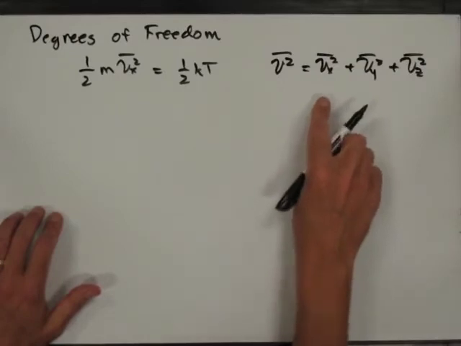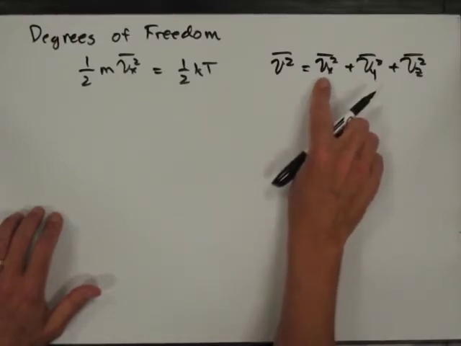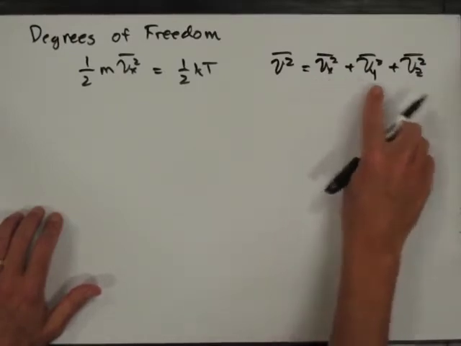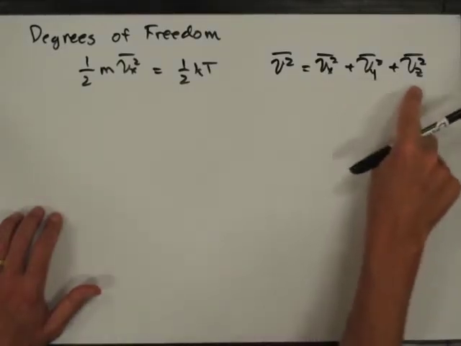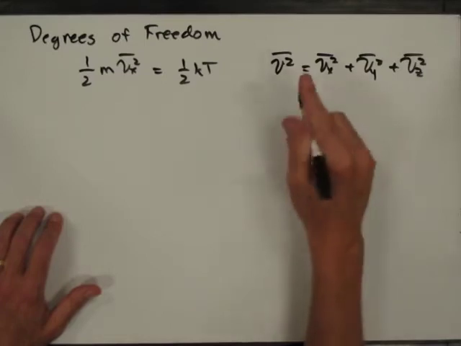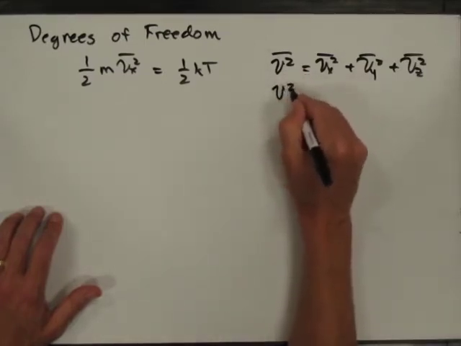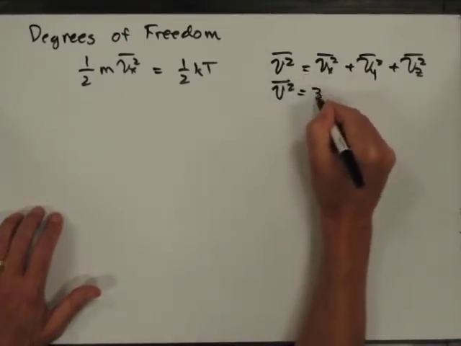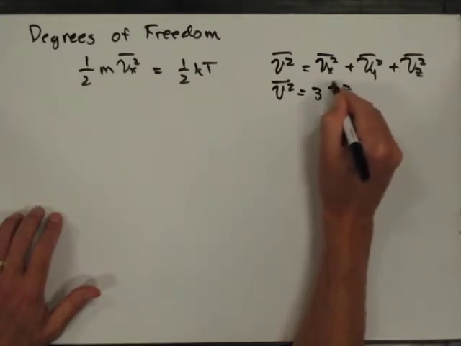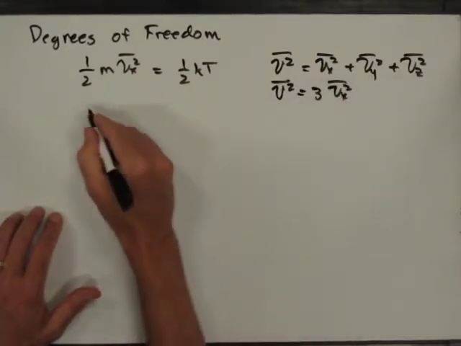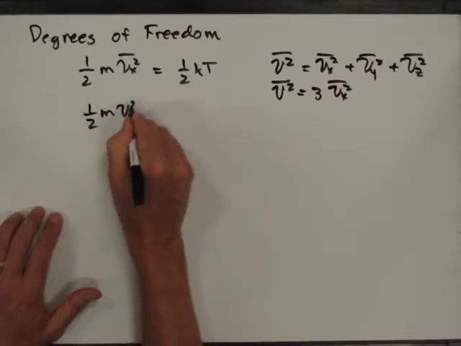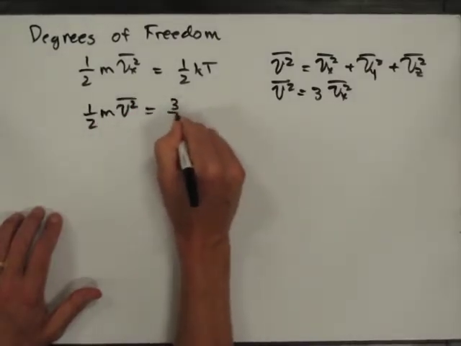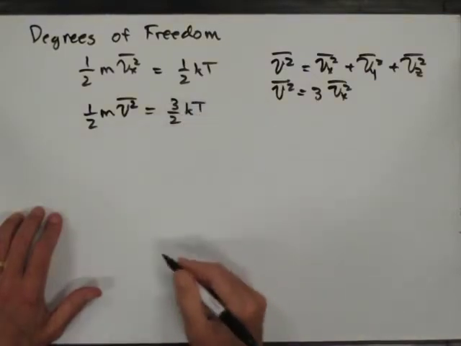We have to remember that these are distributions of gas molecules, and we're just picking an average. If there's no preferred direction, then v squared is equal to 3 times any one component squared. So the total kinetic energy, 1/2 m v squared, is 3/2 kT, and that was the argument we made.